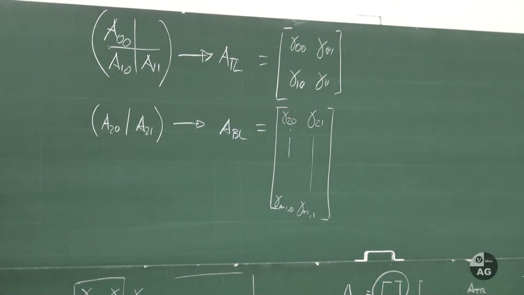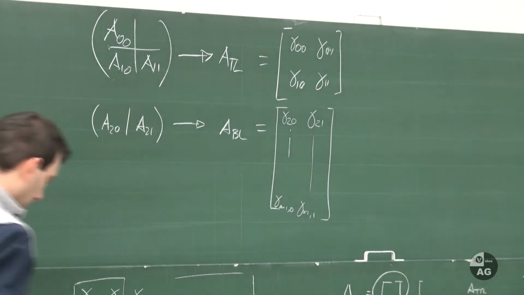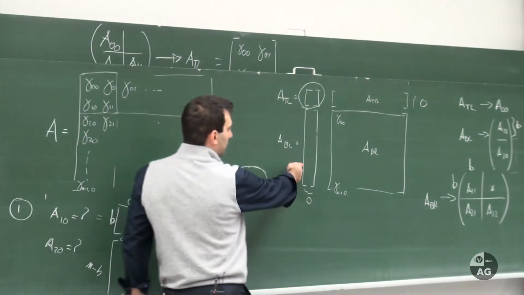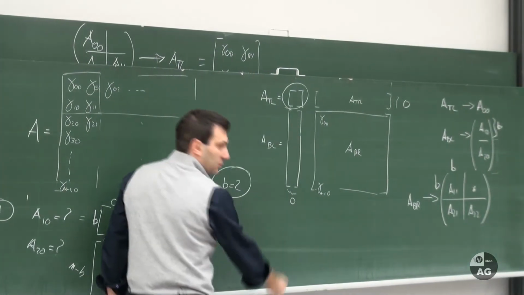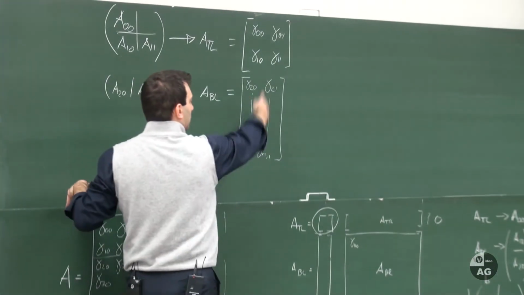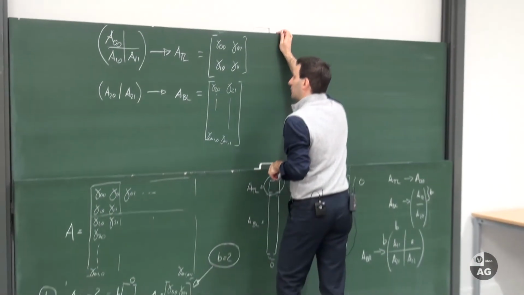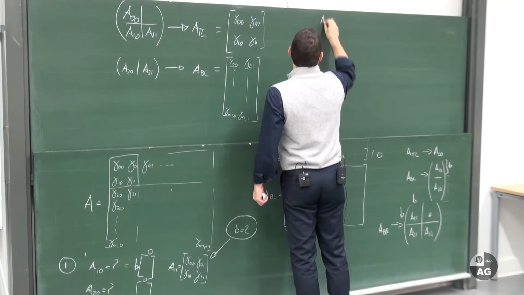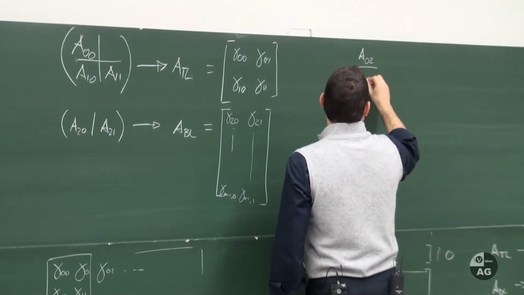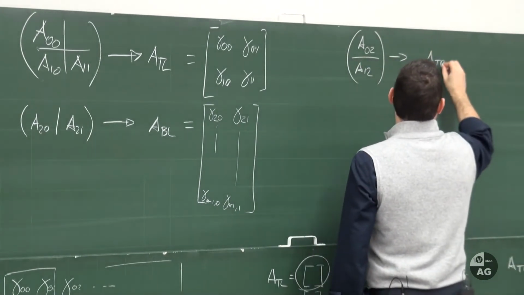All right. So A bottom left at the top, we had decided that A bottom left was empty. At the bottom of the first iteration, it has 2 columns. And then A02, A12 will become A top right.